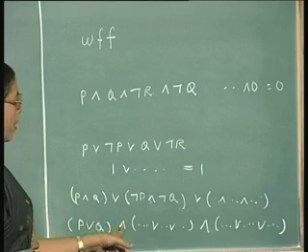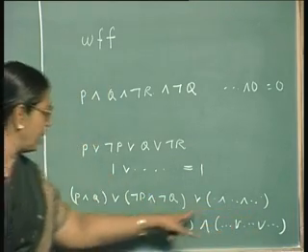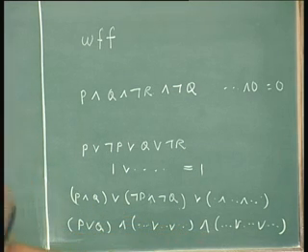It is the product of elementary sums. Each one is an elementary sum, and you have AND here. Again, any well formed formula of the propositional logic, you can bring it to conjunctive normal form.